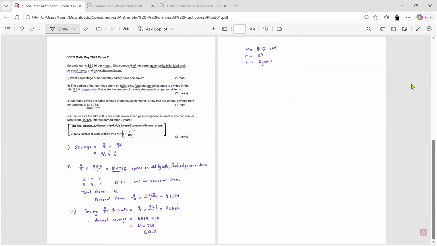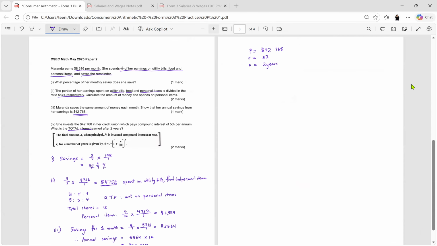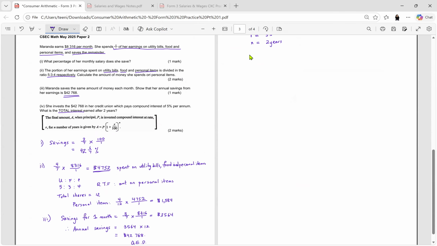Right, so this is A is equal to, and A is the total amount, your principal times 1 plus the rate over 100, all raised to the power of N. Good.